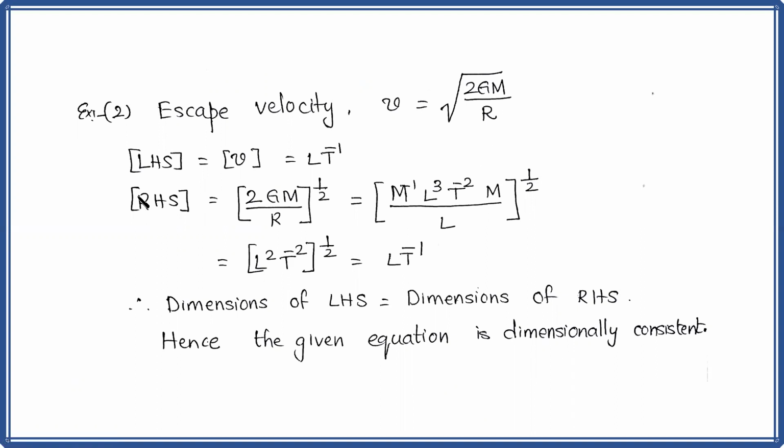Now let us see the LHS, v, that is velocity. Whatever the velocity may be, the dimensional formula is the same. For every velocity, the dimensional formula is the same. This I have already explained in my previous video.